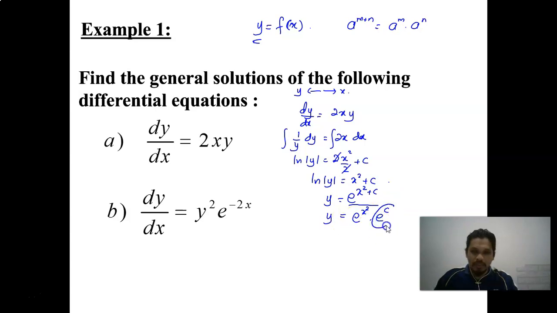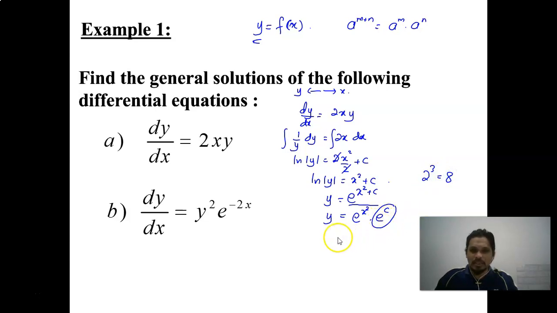We simplify this. e is a constant, e to the power of c is a constant. It's just like 2 to the power of 3. If we left this as the final answer, it's not very nice, right? 2 to the power of 3, why don't we just write it as the constant 8?